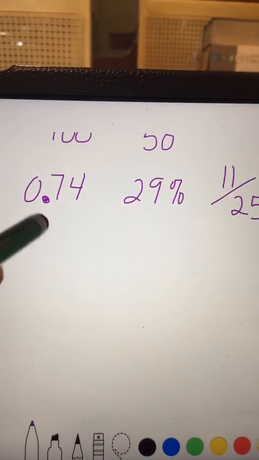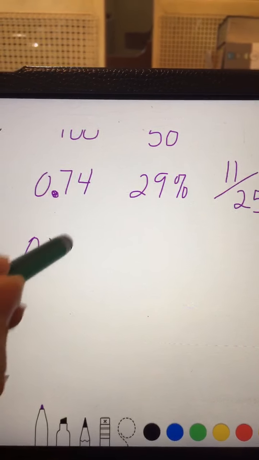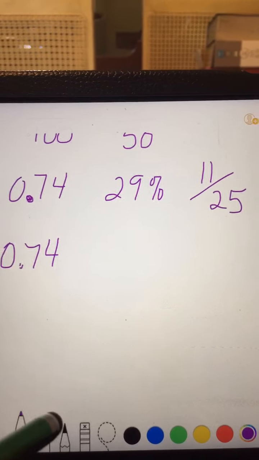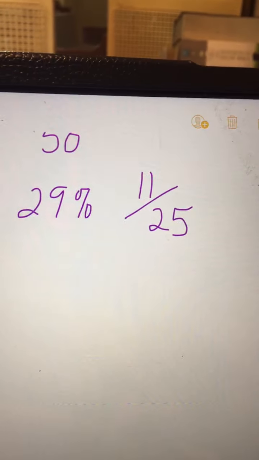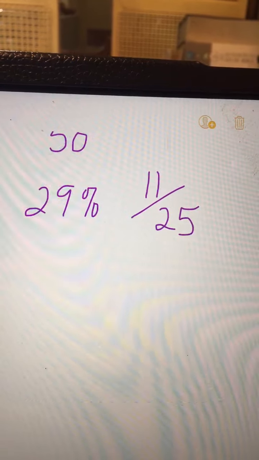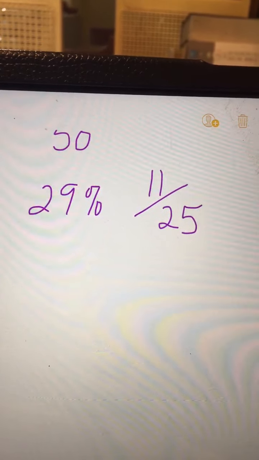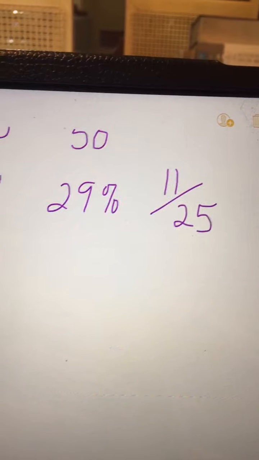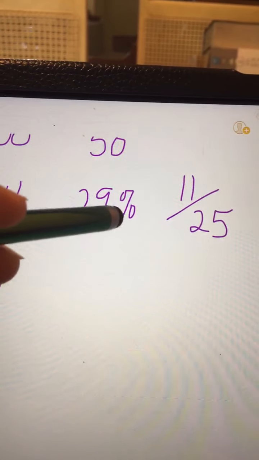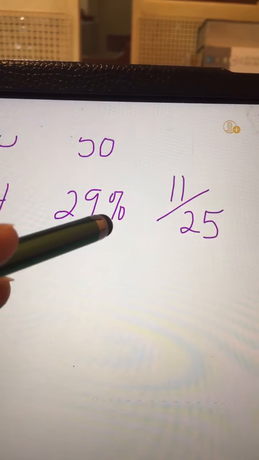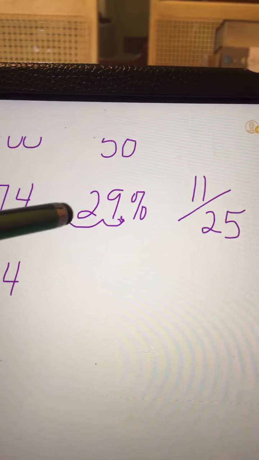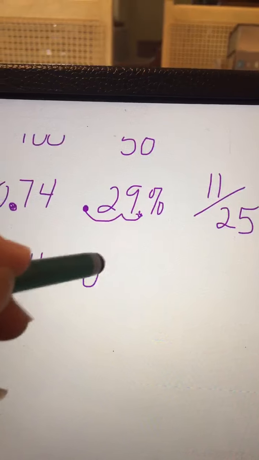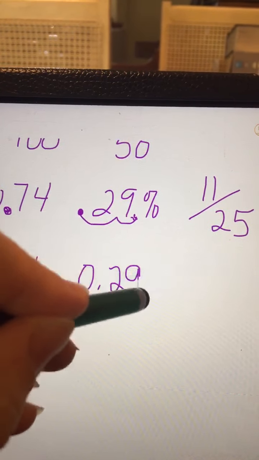All right, we have 0.74. That stays the same because it's already in decimal form. What about 29%? Look at your notes. A percent to a decimal, you divide by 100, or simply move your decimal point. Remember, it's to the right of the ones family. Go 2 places to the left, and you have your decimal.